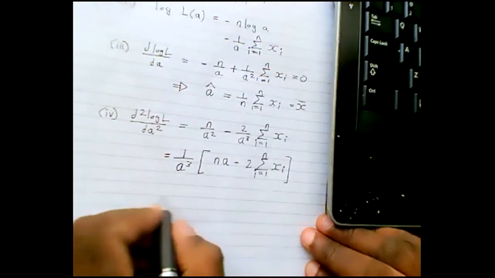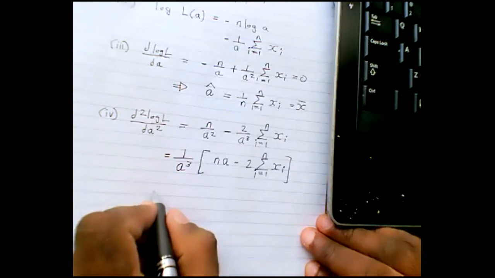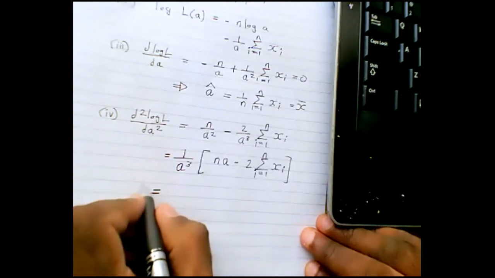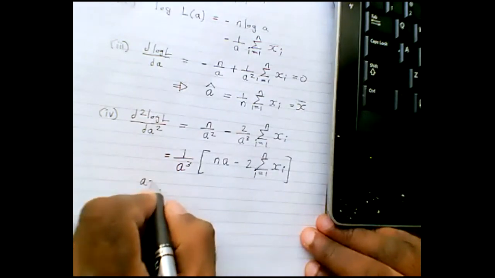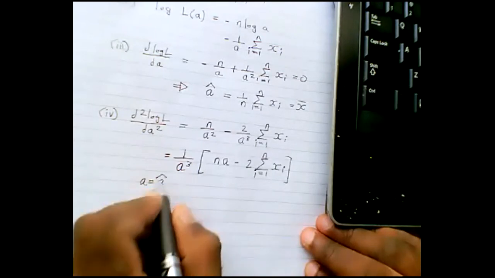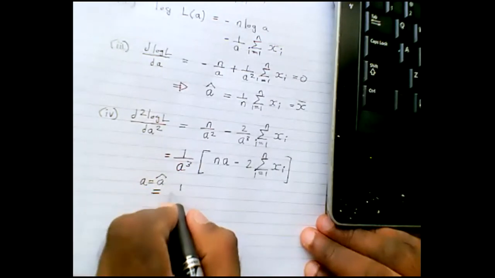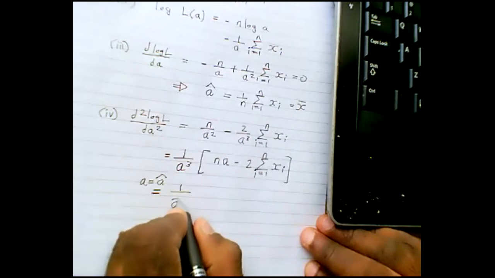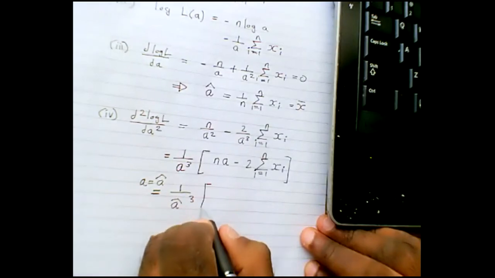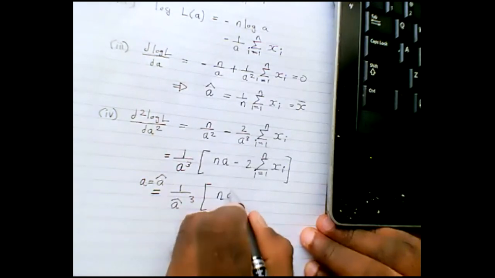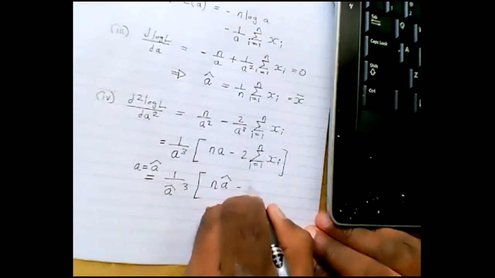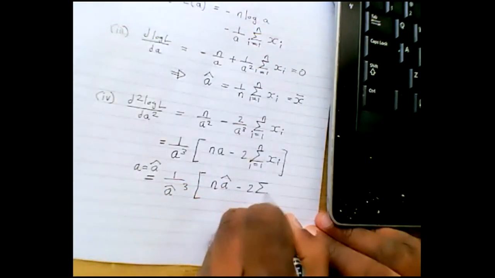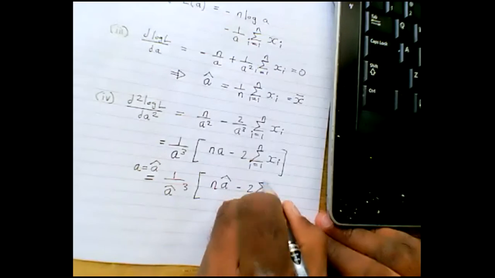Now I'm going to replace a by a hat, so this guy here will become a hat cubed minus n a hat minus 2 times the sum of xi.